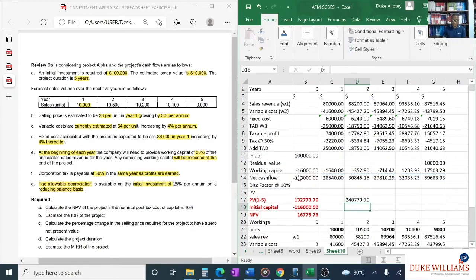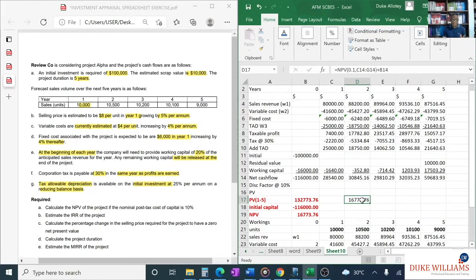You should come to, oh, oops, let me see. What did I do wrong? Oh, I subtracted instead. So I'll add. I need to add because it's already negative. So yeah, that's the beauty of spreadsheets. I have it.